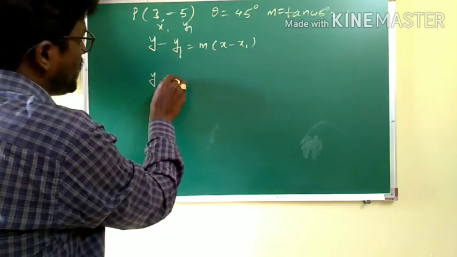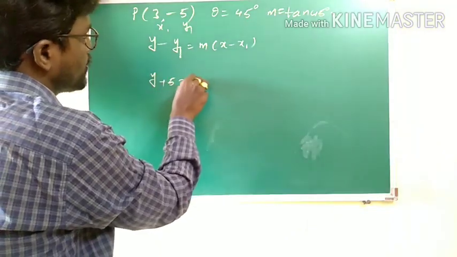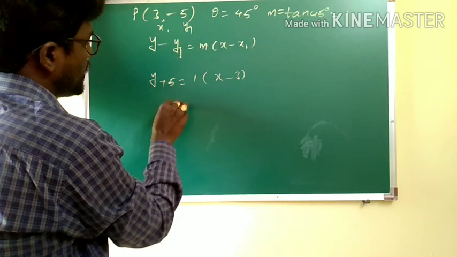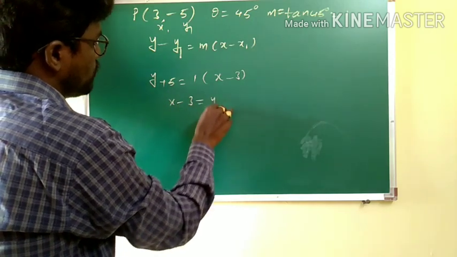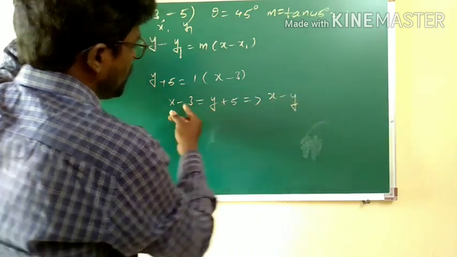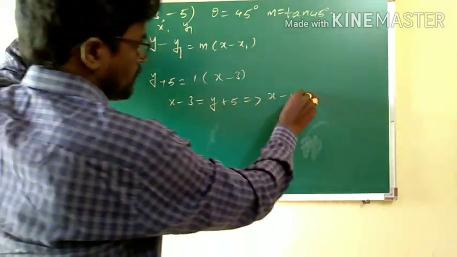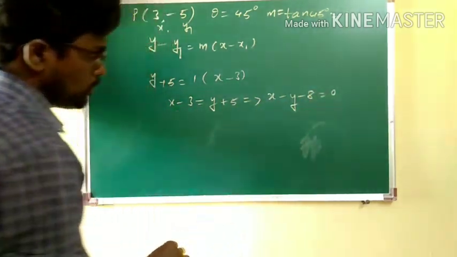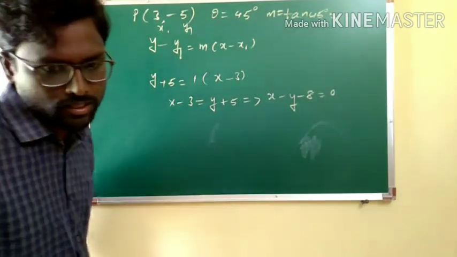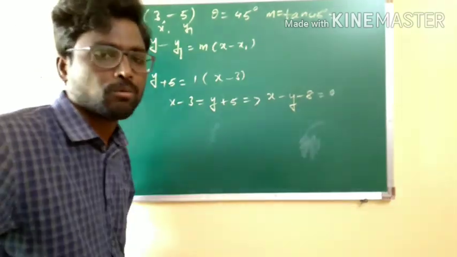So y minus (-5), that is y plus 5, is equal to 1 into (x minus 3). So you get x minus 3 is equal to y plus 5, which implies x minus y minus 3 minus 5, that is minus 8, is equal to 0. Now you have the line equation as x minus y minus 8 is equal to 0.